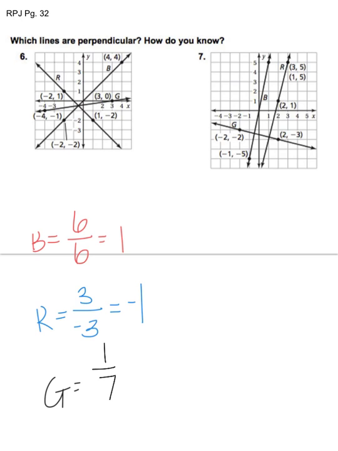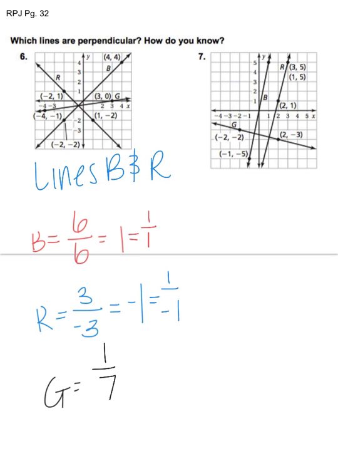So now I need to think, which ones have opposite reciprocal slopes, or which two, when I multiply them, give me negative 1. The two that are reciprocal would be lines B and R, because 1 is the same thing as 1 over 1, and negative 1 is the same thing as 1 over negative 1.